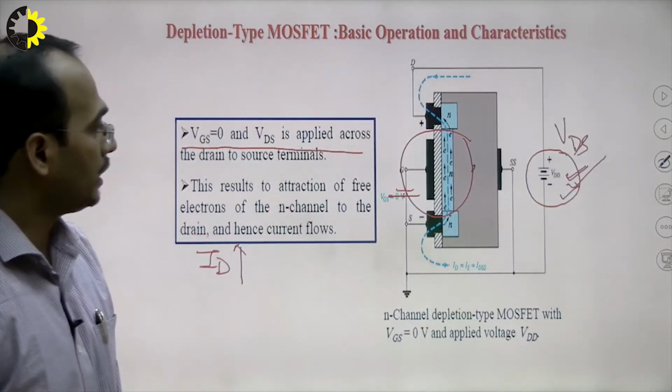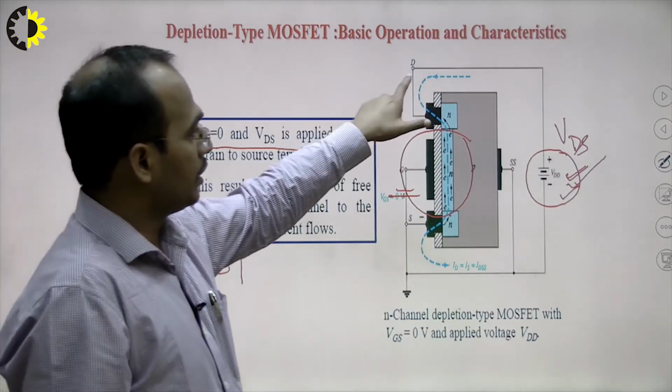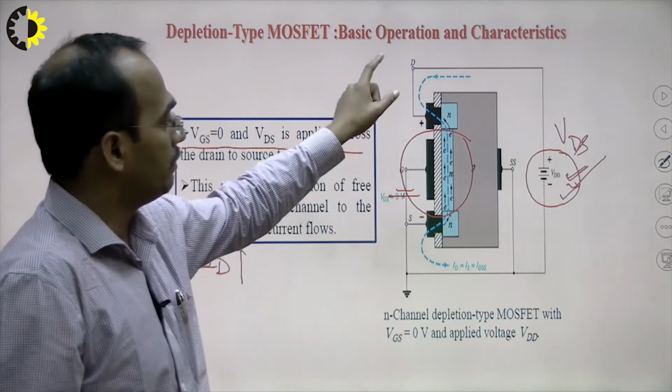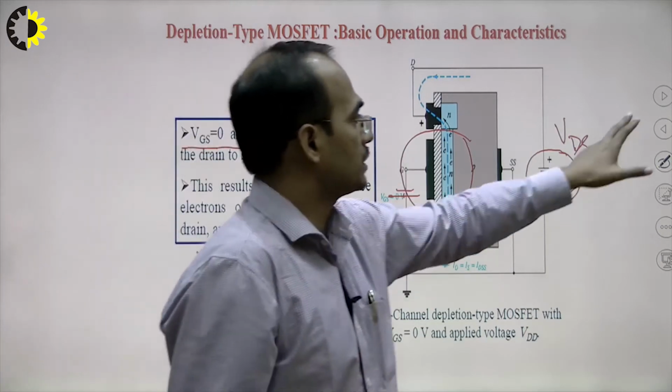You can see from here, the output characteristic will be drawn between ID and VDS, and the transfer characteristic will be drawn between ID and VGS.